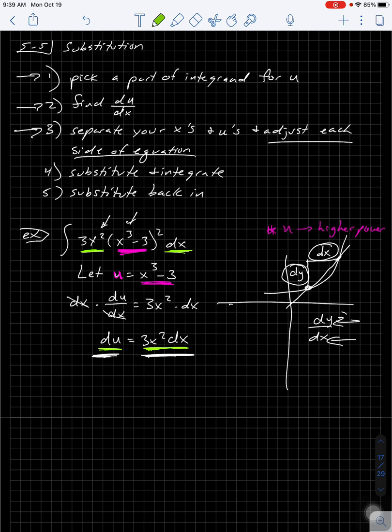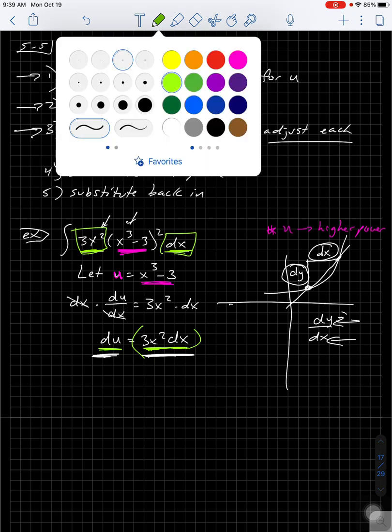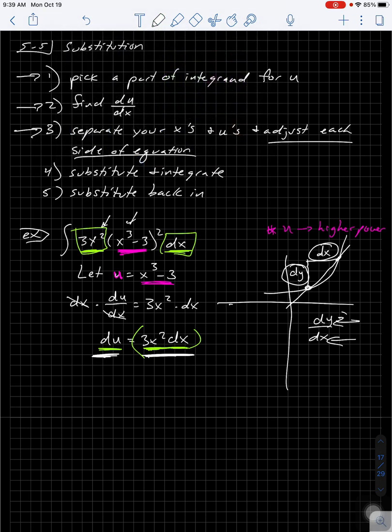But sometimes you have to adjust this side of the equation to account for all the things that you're seeing up here. Now we're going to substitute, and you have to substitute for everything that's in pink and green. So we've got the integral.